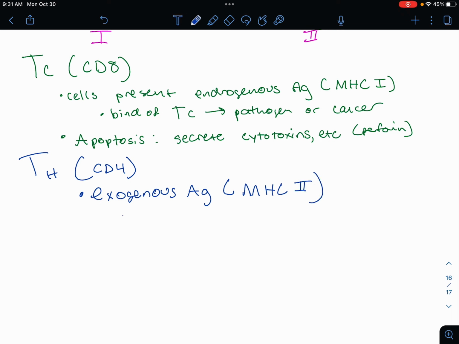And these are going to come from antigen presenting cells, which of course are dendritics, macrophages, and B cells, other phagocytic cells.